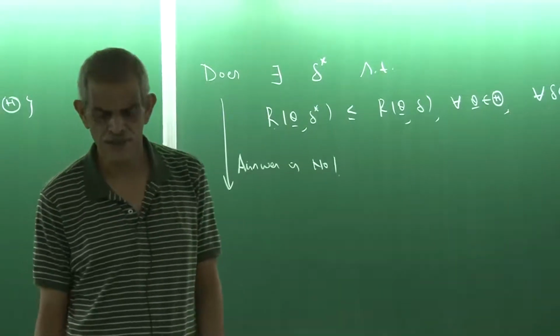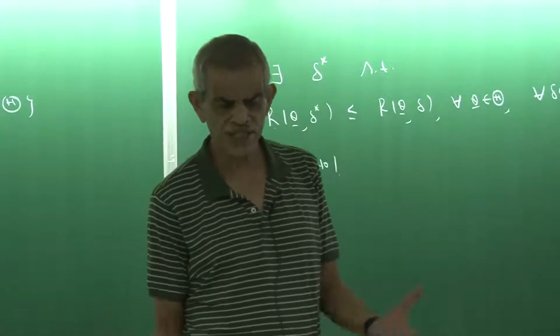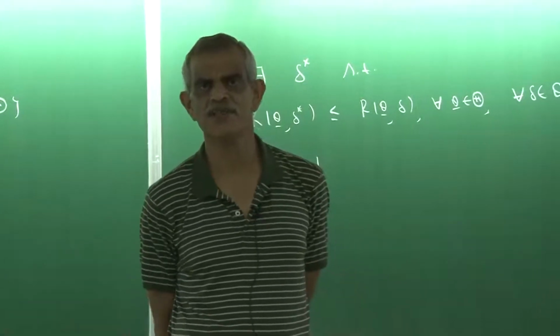So then what do you try to do? You try to put certain reasonable restrictions on the class of estimators under consideration.